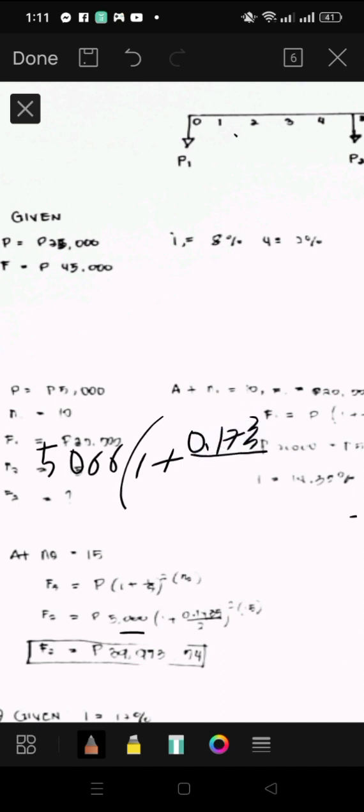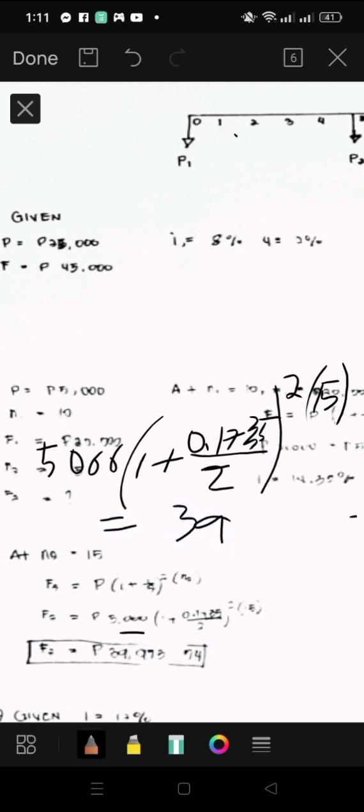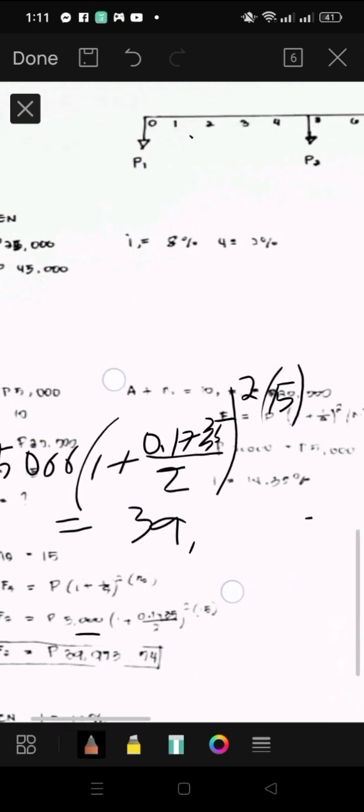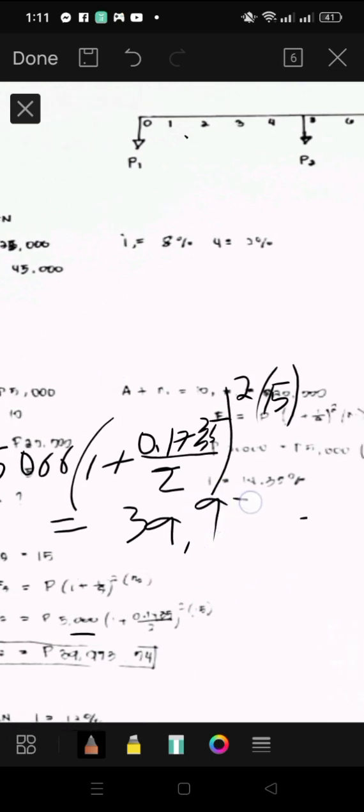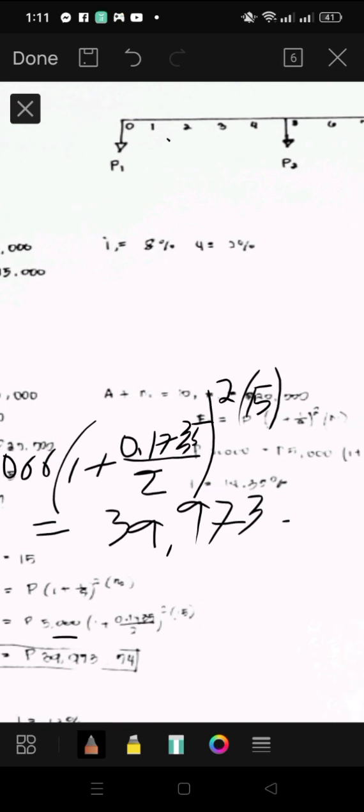So we will obtain F2 is equal to 39,973.74, which is the future amount after 15 years. So the next is problem number 8.